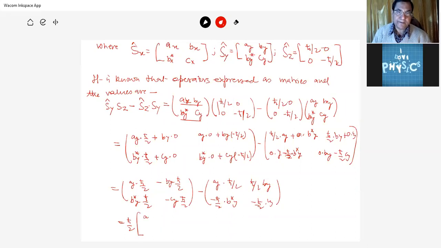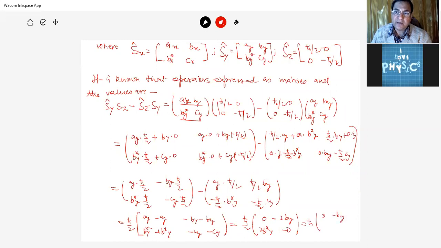Then we have Ay minus Ay, minus By minus By, B star y plus B star y, minus Cy minus Cy. So this is H cross by 2 times [0, minus 2 By; 2 By star, 0]. That is H cross [0, minus By; By star, 0].